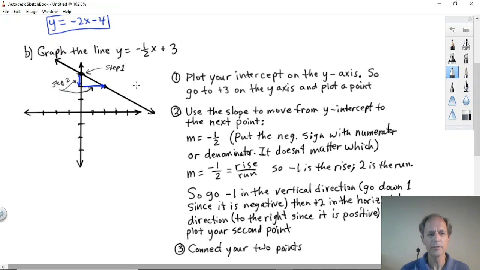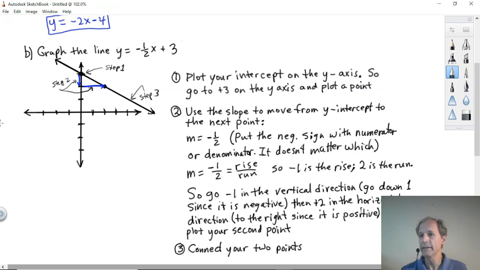And then step 3, to show as well, was actually drawing the line.